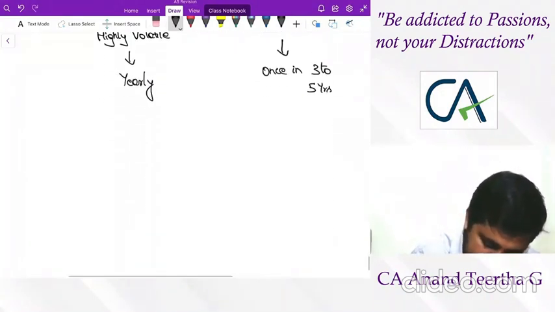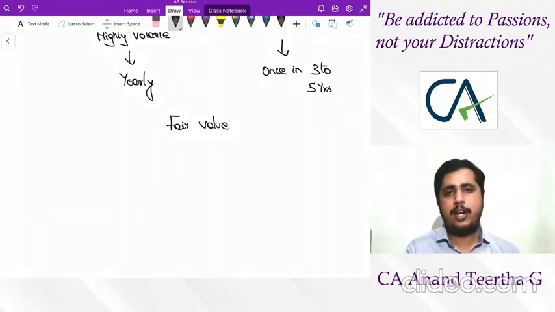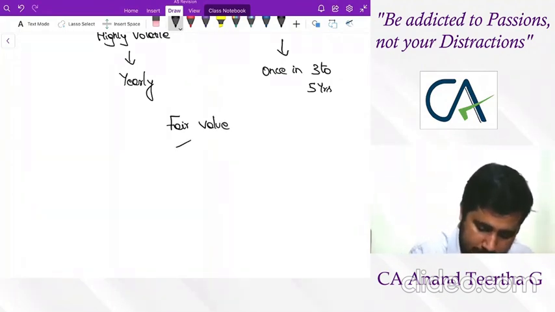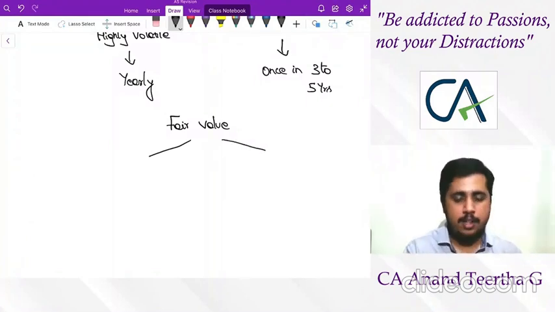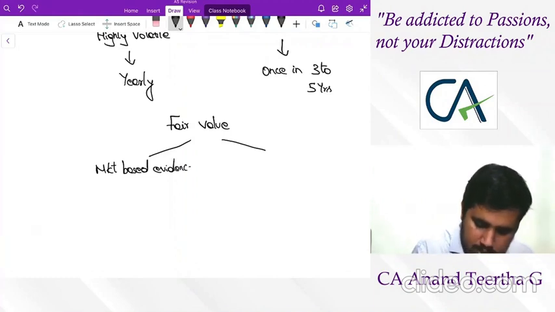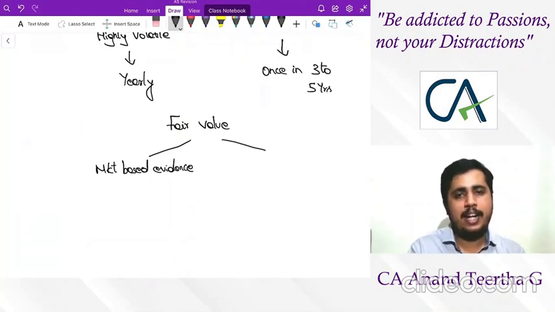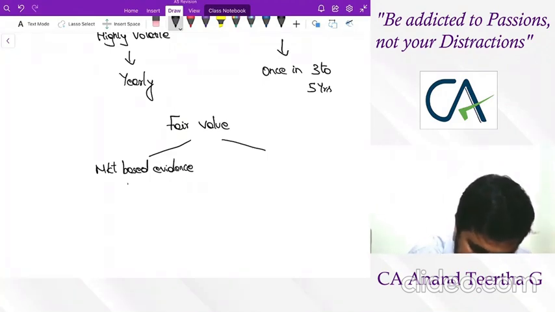Later, how do you derive fair value? For that, again, two situations have been given. One, there is market based evidence. In the market, you can have a transaction for that asset; the asset is tradable in the market. At that time, fair value is market value. As simple as that.